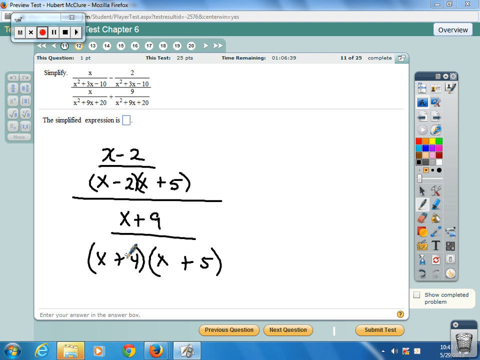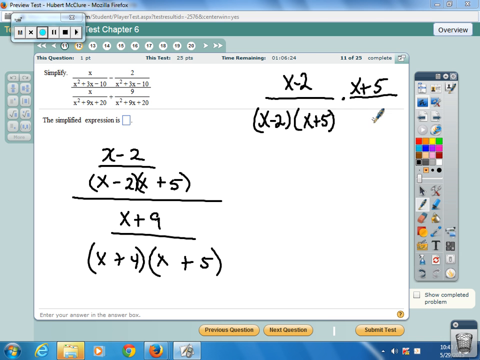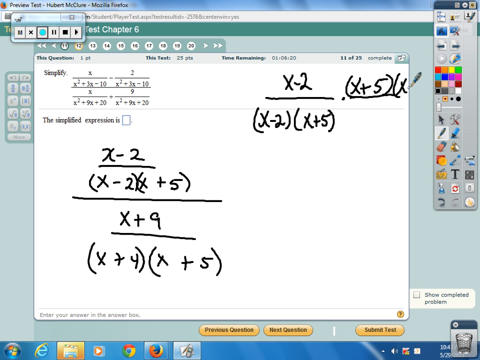So now we go (x minus 2) over (x minus 2) times (x plus 5) times the reciprocal, (x plus 5) over (x plus 5) times (x plus 4) over (x plus 9).